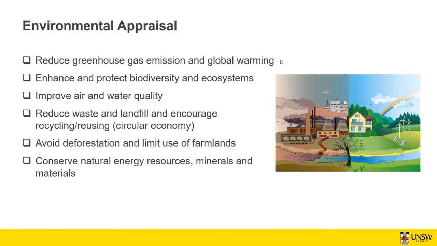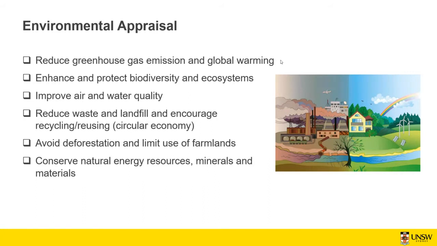The other thing is avoiding deforestation or limiting the use of farmland, especially in infrastructure and building projects. In the area where you want to develop new infrastructure or a community, it's important that you avoid any deforestation.